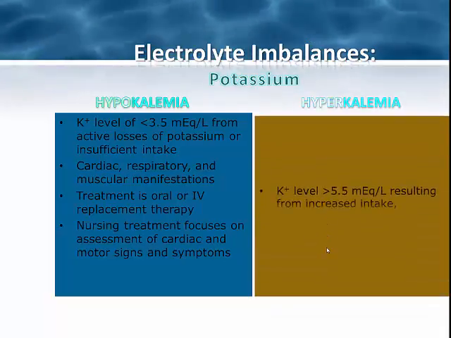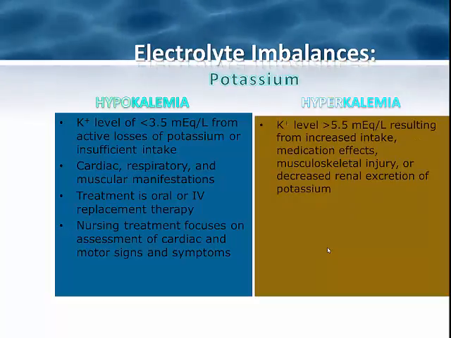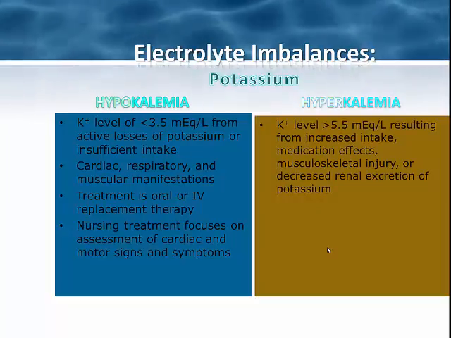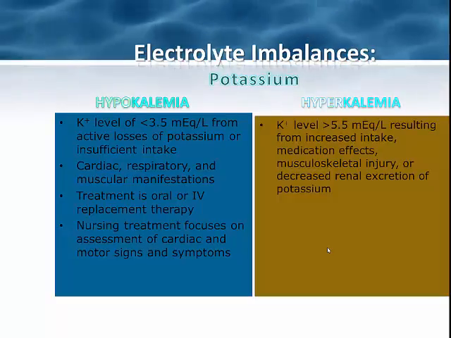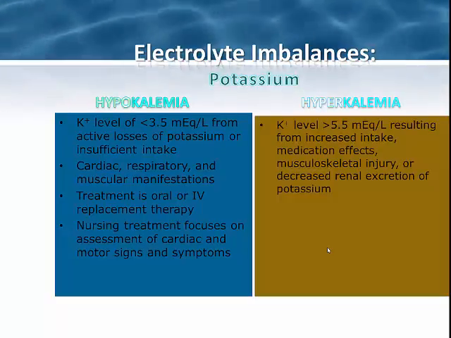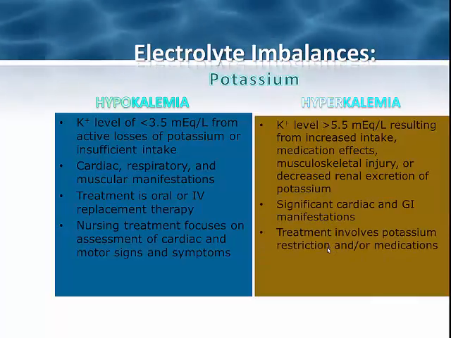For hyperkalemia, we're talking about potassium levels greater than 3.5, resulting from either increased intake, medication changes or effects, musculoskeletal injuries, or decrease in renal excretion of potassium. Its most significant areas that it affects are cardiac and GI.